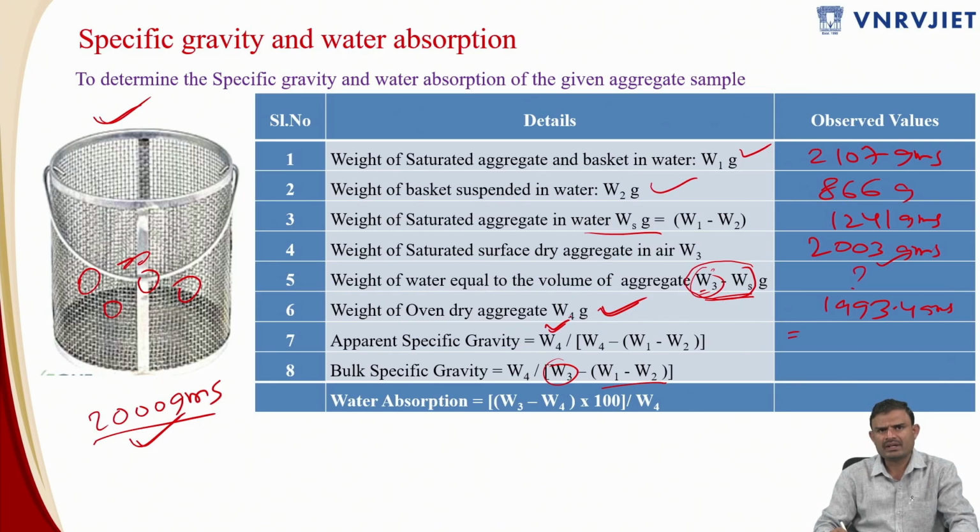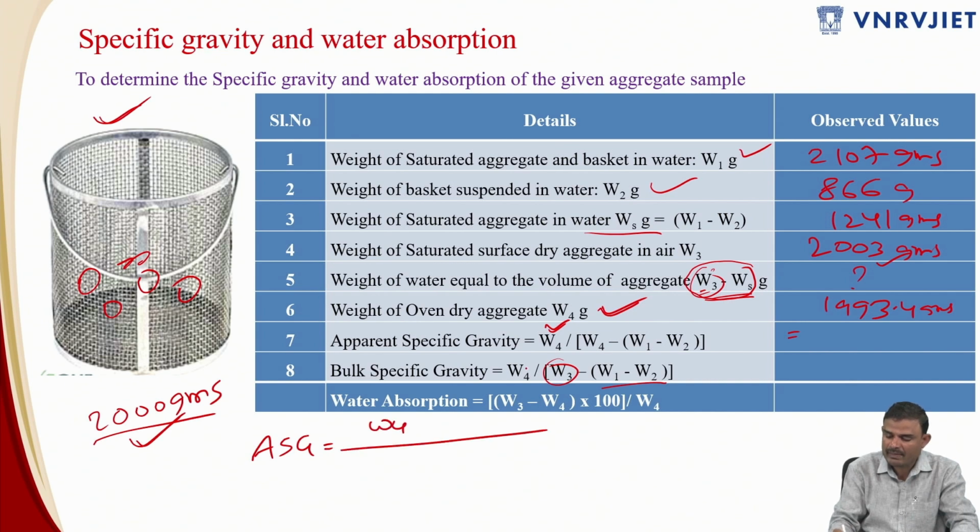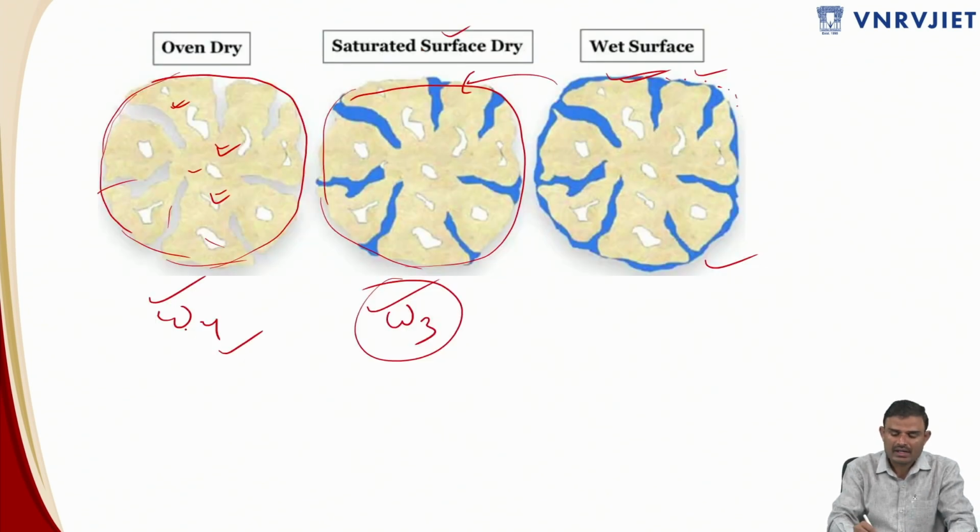As I said, in the numerator it will be a constant value. So I'll write here: apparent specific gravity, ASG, is equal to the weight of oven dry aggregate W4 divided by, here again W4, because this condition represents the apparent volume. This apparent volume is the volume which we don't want, the volume of the air voids, the pores, so we are going to eliminate it.